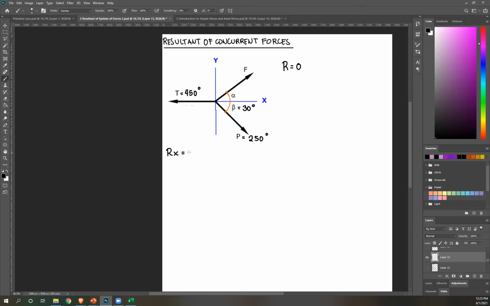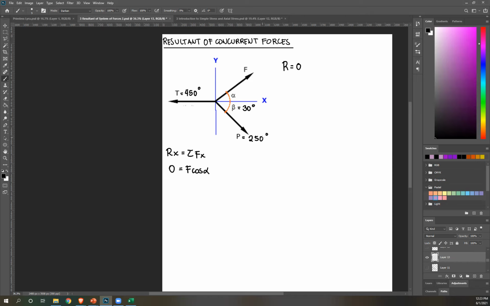Once again, Rx equals 0 since R equals 0. Let's create our equation. Rx is just the summation of forces x. Let's start with F. F is to the right, therefore positive, and our angle is alpha. This is the x component, so it's F cosine alpha.